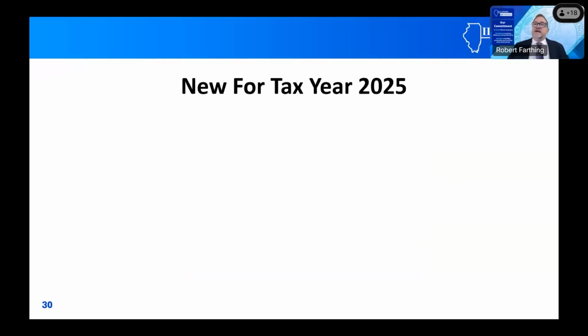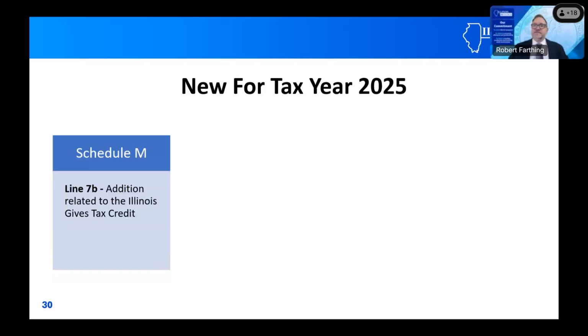Now let's take a moment to discuss a few updates to your business income tax forms for tax year 2025. The good news is that for most taxpayers, there are relatively few changes to the business income tax forms this year. However, there are a few changes which might affect certain taxpayers.